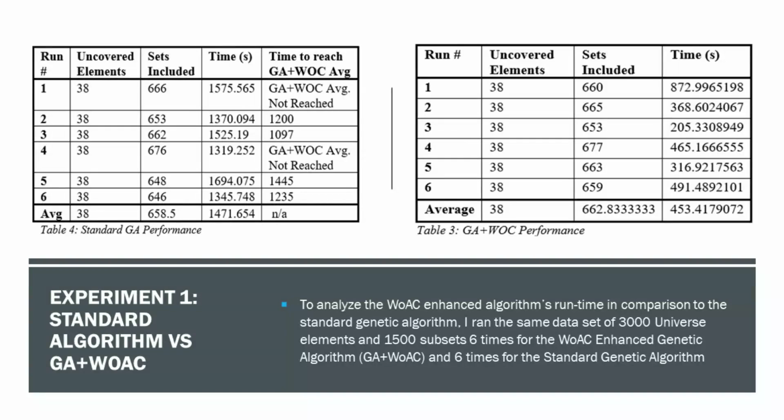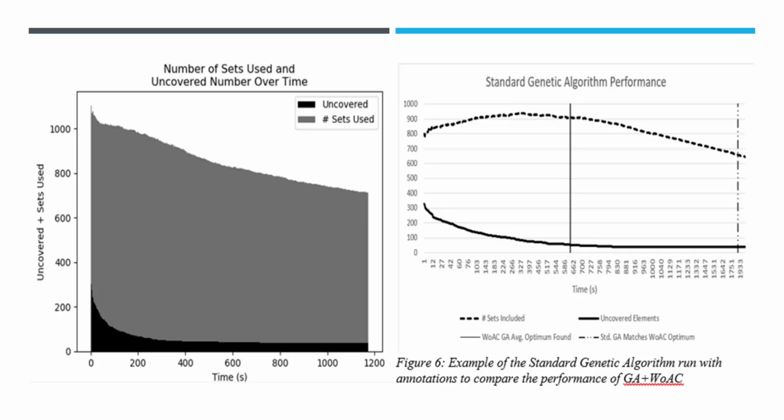And for the number of sets included, we actually have a little bit higher average than the standard genetic algorithm performance. But if we look at how much time it took to find that solution, the time is about 350% less than the time that the standard genetic algorithm took to find a similar solution.